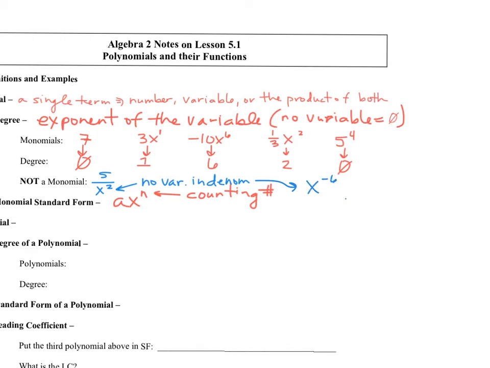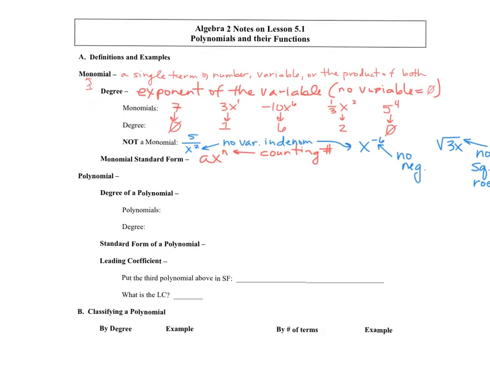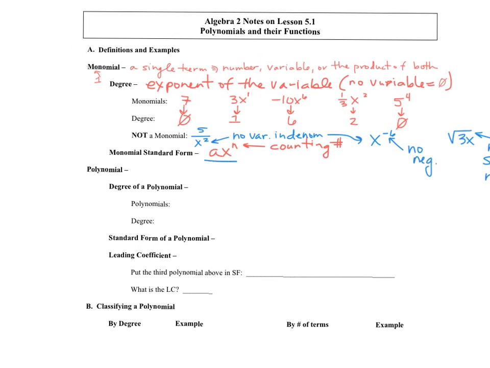Negative 6 is not a counting number. You cannot have a negative exponent in a monomial. And then the last one that is not is the square root of 3x. You cannot have the square root symbol. So those are not monomials. Your standard form for a monomial is a times x to the nth power.